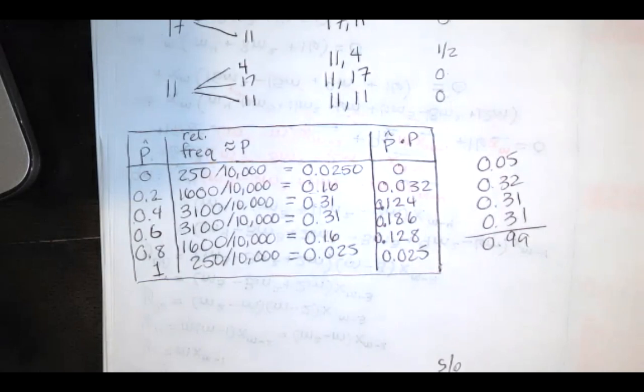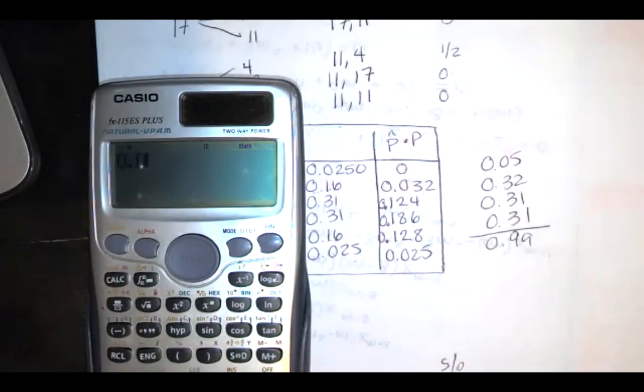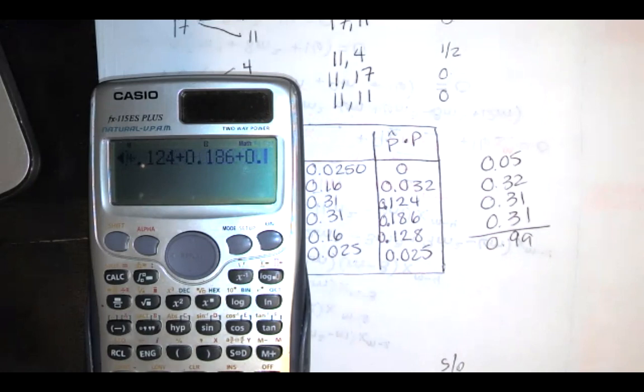If I add these together, I should get a probability that's close to 1/2. And if you're saying, why is it 1/2? We'll talk about that in just a moment. It says 0.032 plus 0.124 plus 0.186 plus 0.128 plus 0.025.